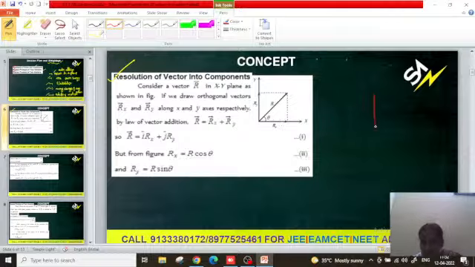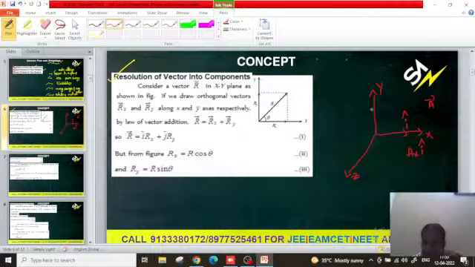With the coordinate system, the orthogonal unit vector along the x direction is i cap, so a vector along x can be given as ax into i cap.